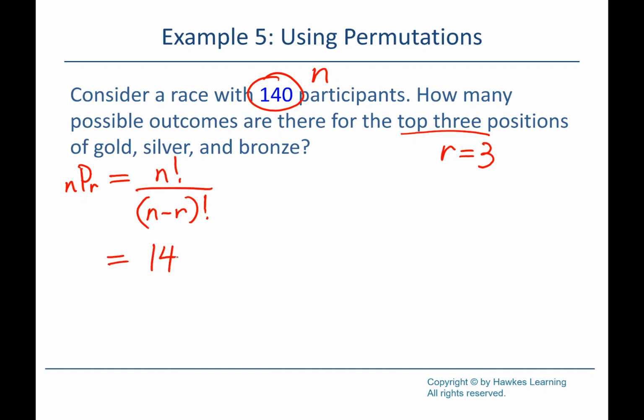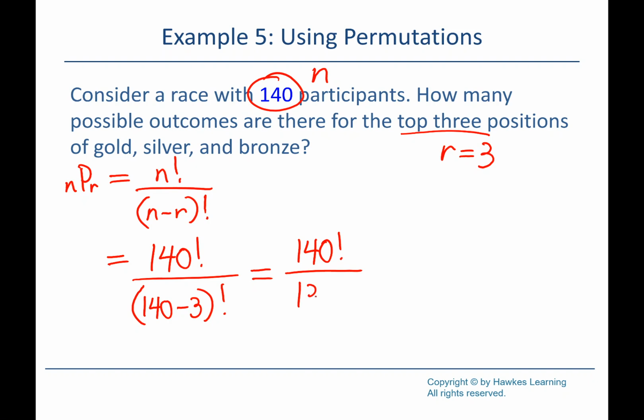So we'll have 140 factorial over 140 minus 3 factorial. So on the bottom, 140 minus 3, that gives us 137 factorial.